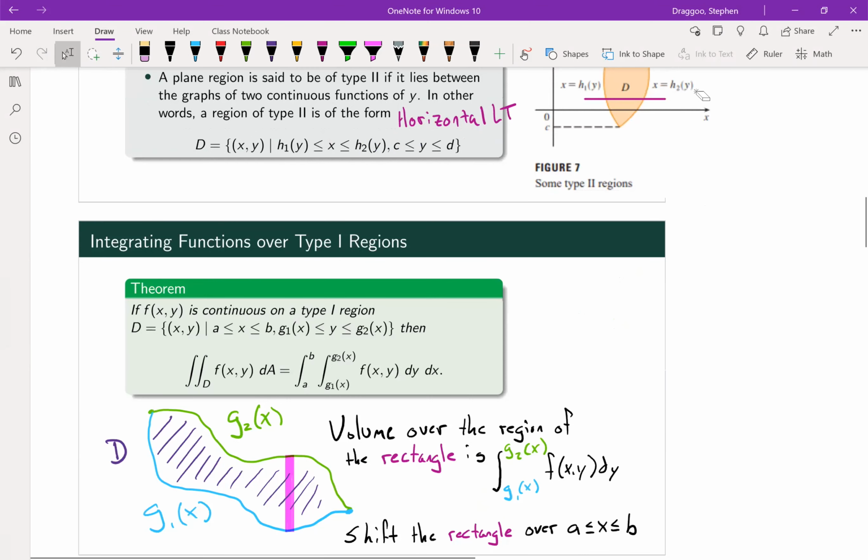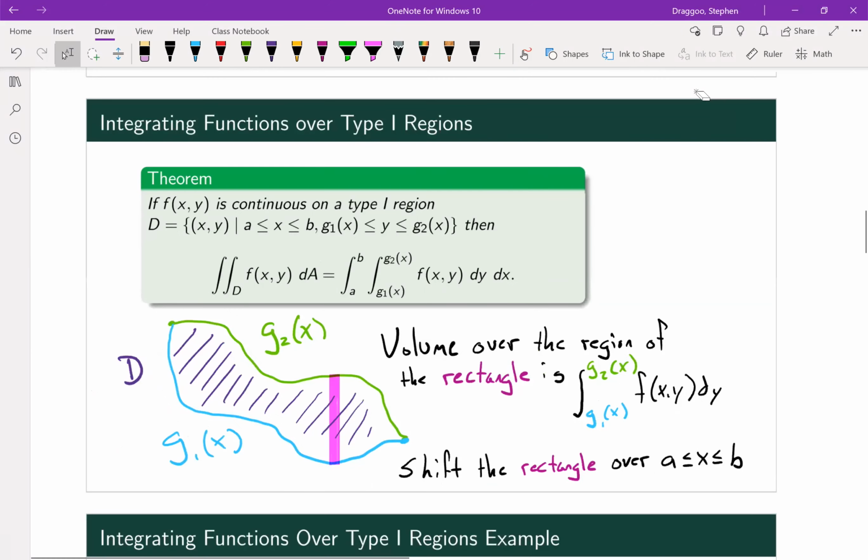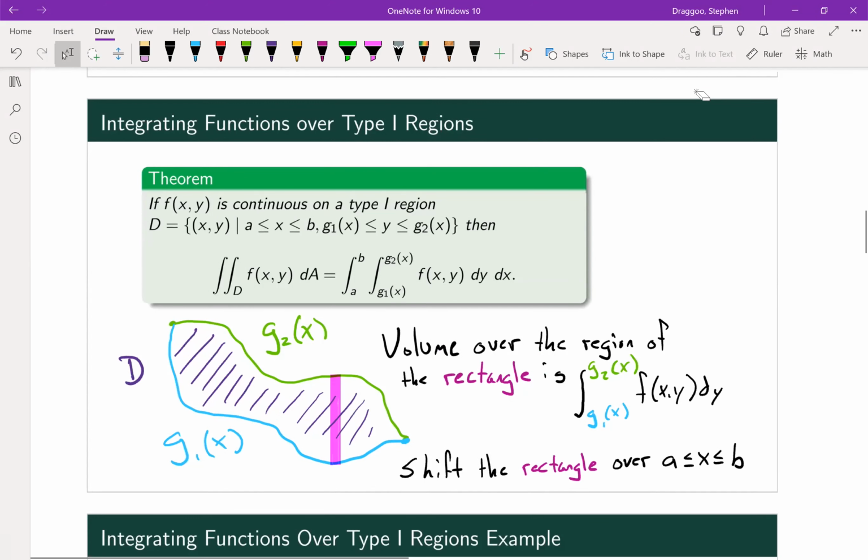So let's talk specifically about how to integrate over a type 1 region. If we have a continuous function on a type 1 region, meaning our region is stuck between a function of x on top and a function of x on the bottom, then the double integral is equal to a rather nice looking iterated integral.